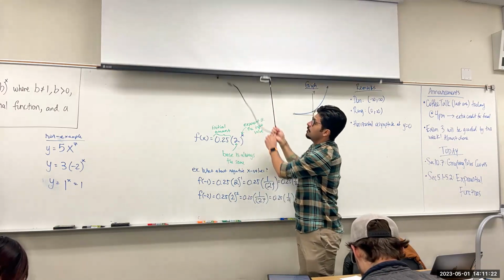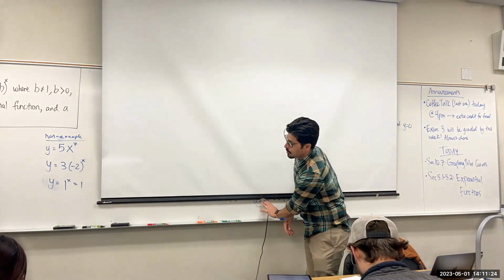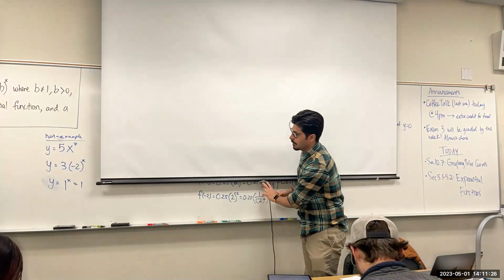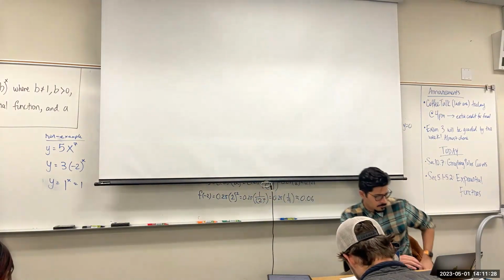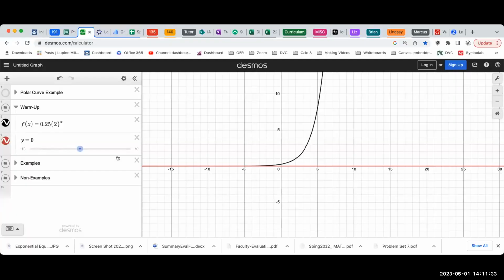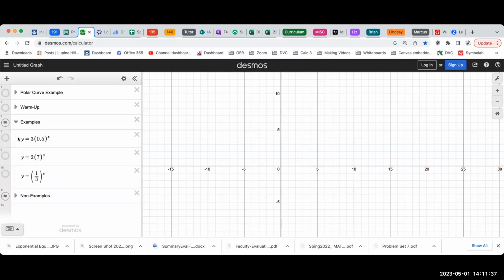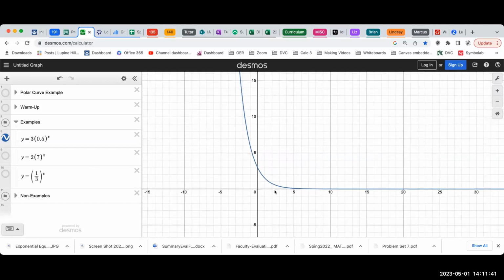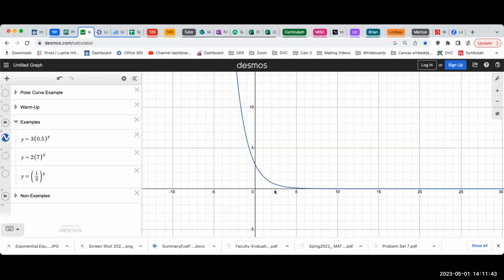As you're ready to go down, let me show them to you on Desmos here. All right, here's the first one. So notice the shape, it still has that J shape.